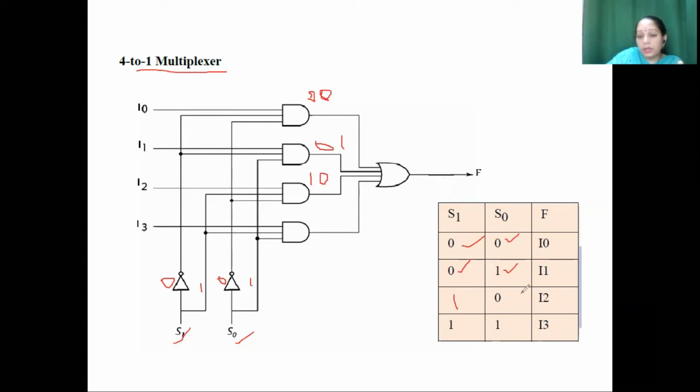Now S0 is 0, S1 is 1. You can join S0 from this inverter and 1 from this. Now in the third, I have both inputs 1, 1. You can join this one from this and another from this. After joining these AND gates with an OR gate, you can get your output.